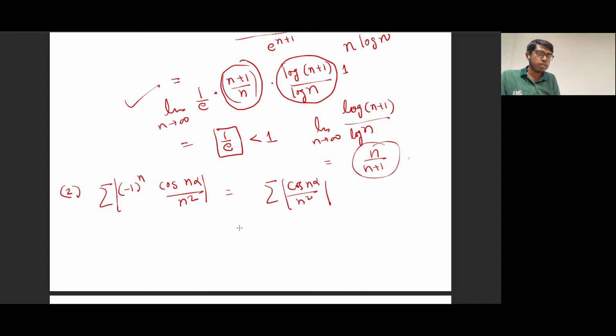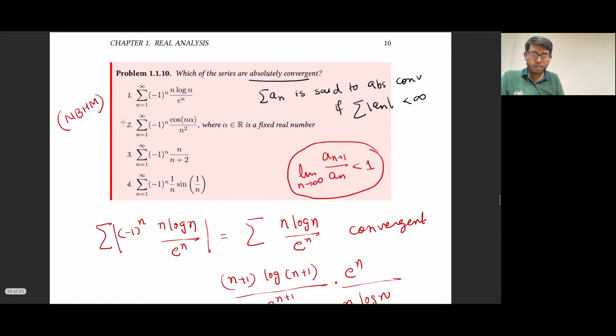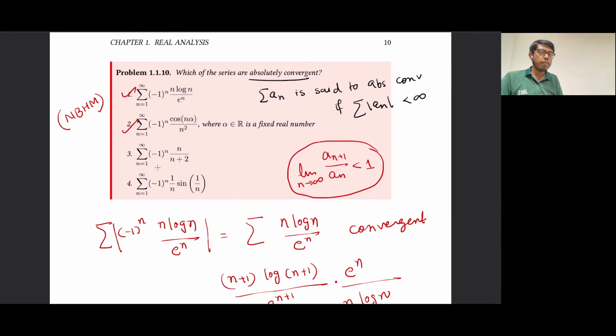And we know that the absolute value of cosine n alpha by n square is less than or equal to 1 by n square, and this series is convergent. Hence this will also converge, just by the comparison test. So this is also fine.